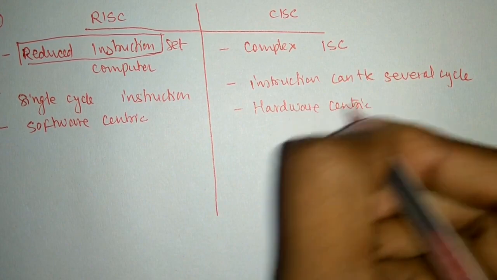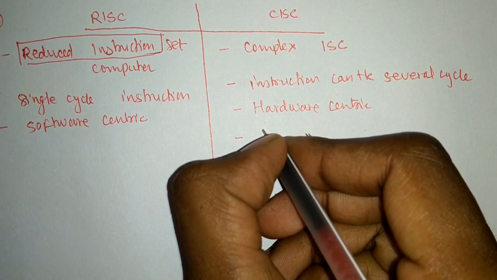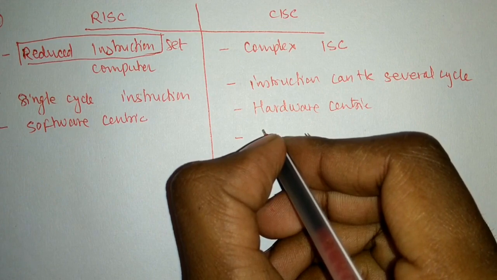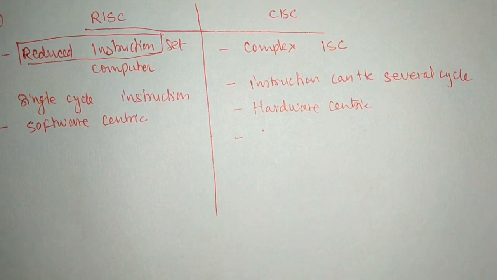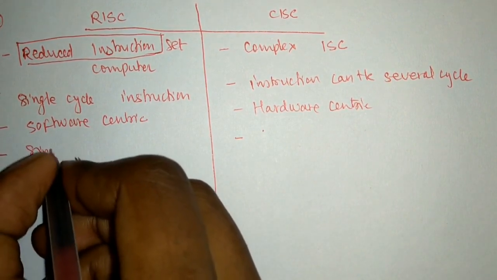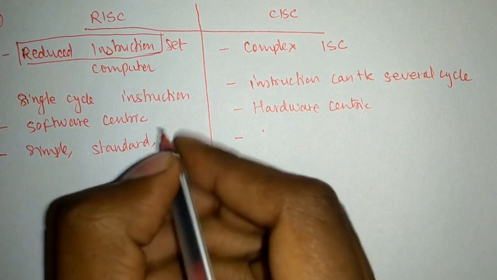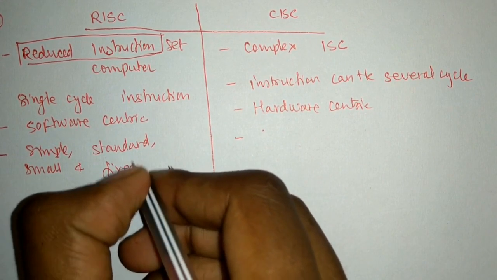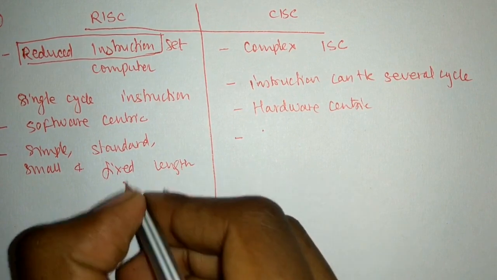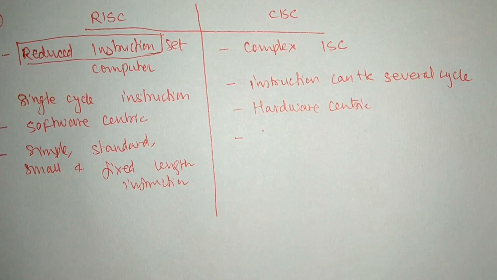In RISC we have simple, standardized instructions, a small number of fixed length instructions. Whereas in CISC we have a complex type of system, with complex and variable length instructions and a large number of instructions.